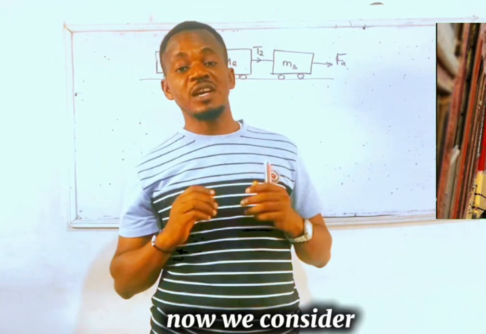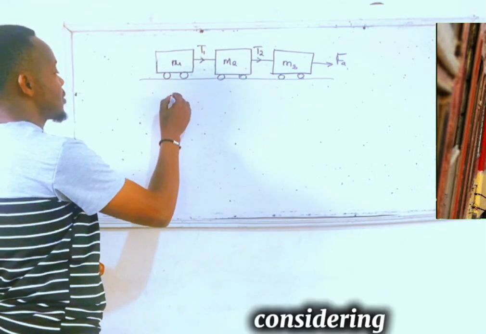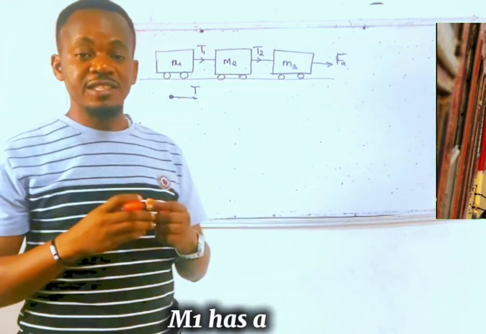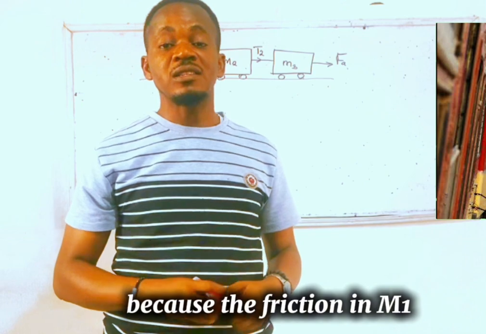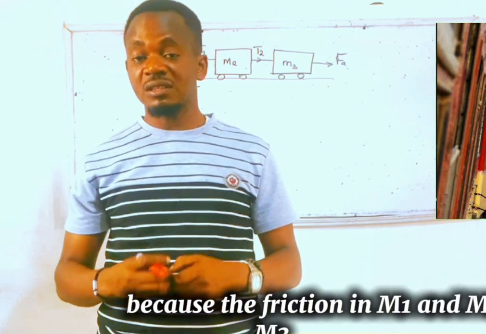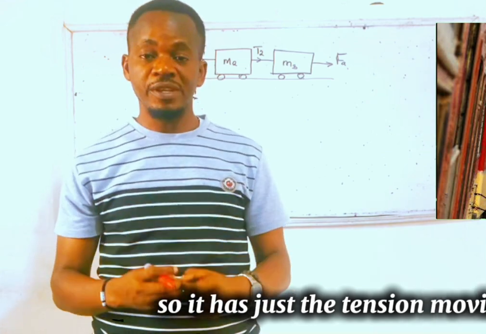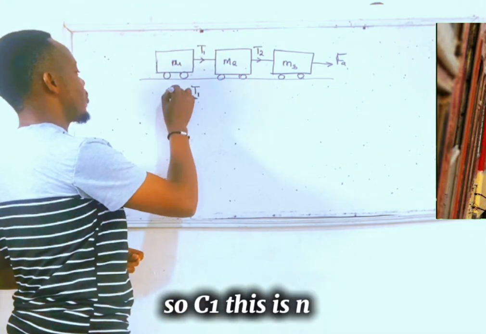Now, we'll consider mass M1. M1 has just a tension, because the friction on M1, M2 and M3 is negligible. So it has just the tension moving forward, T1, and this is N1.